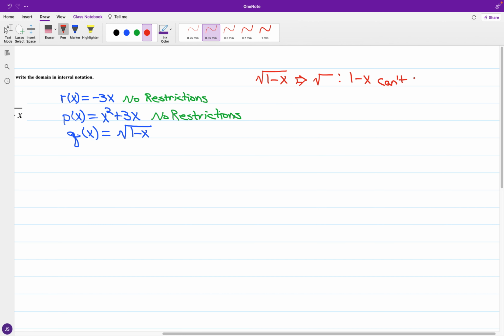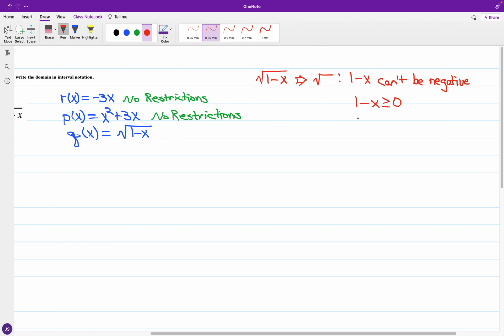So in this particular case, because they have a square root, 1 minus x cannot be negative. As long as q of x is in direct terms, 1 minus x can be 0, and it can also be positive. So for the general inequality setup, with q of x as the square root of 1 minus x, 1 minus x can be greater than or equal to 0, and specifying what will be allowed for x.